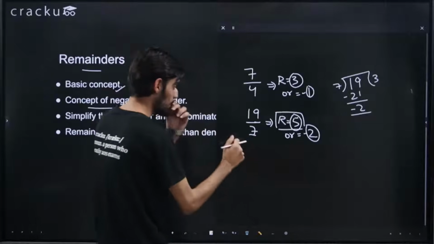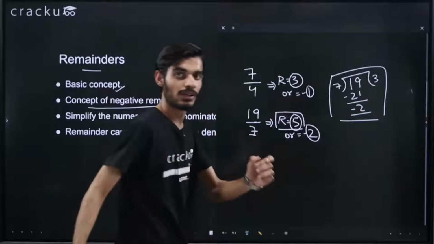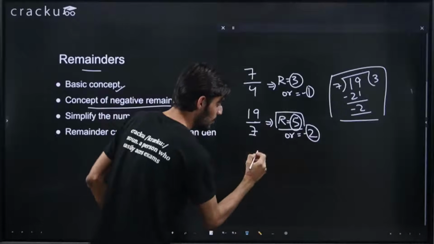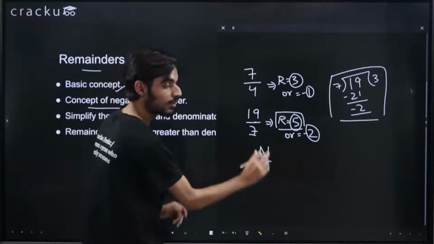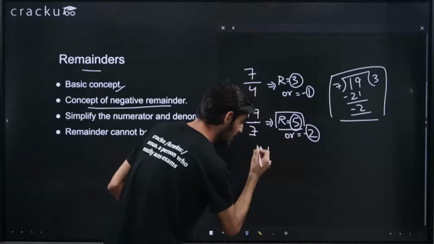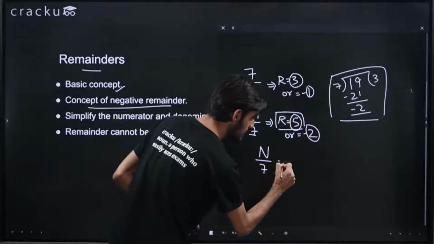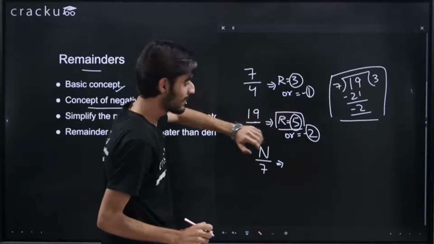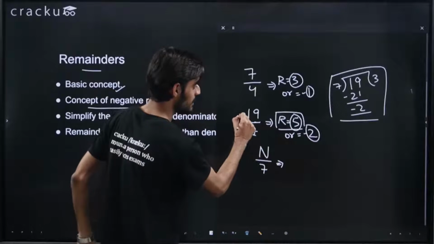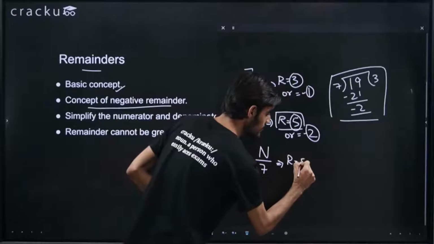And also, with the help of this part that I did, let's say we don't know the numerator. There is one numerator n and we don't know its value. In the denominator it is 7, and I know that the remainder is 5. Let's say we are taking this case also, but we don't know the value of the numerator, that is 19, and we know that the remainder is 5.